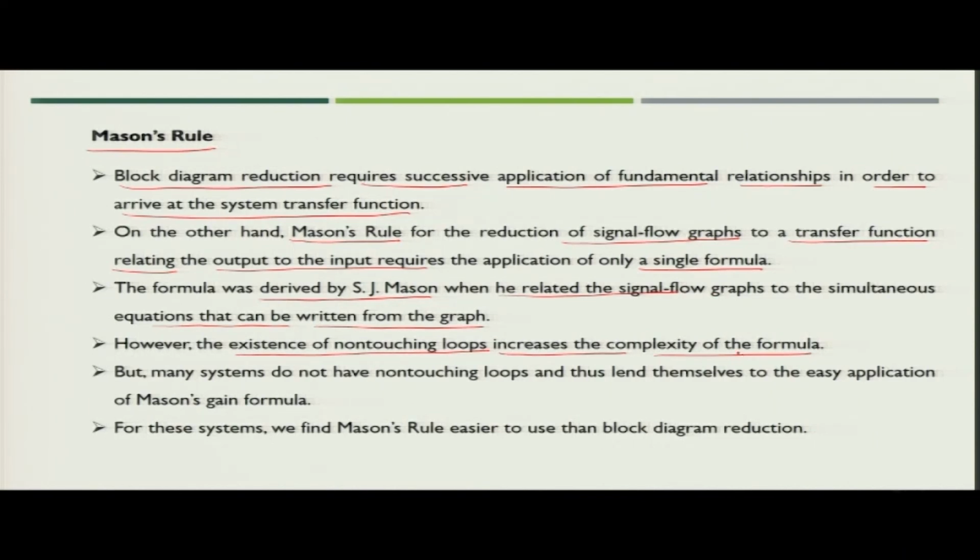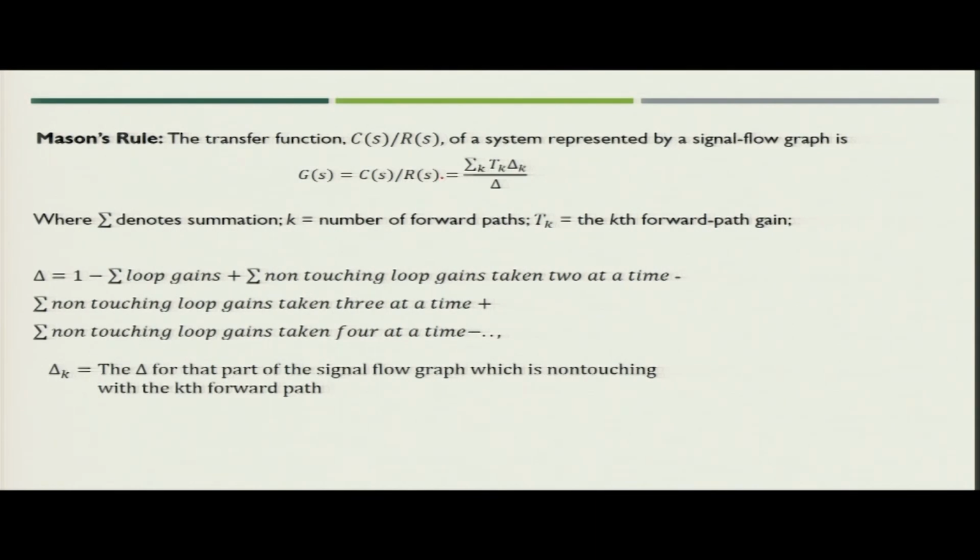We can understand this when we see the formula given by Mason. Many systems generally do not have non-touching loops, so in that case it is very easy to find the transfer function. When you have no non-touching loops or only a few, you can utilize Mason's formula easily. So, let us see what Mason's rule is.